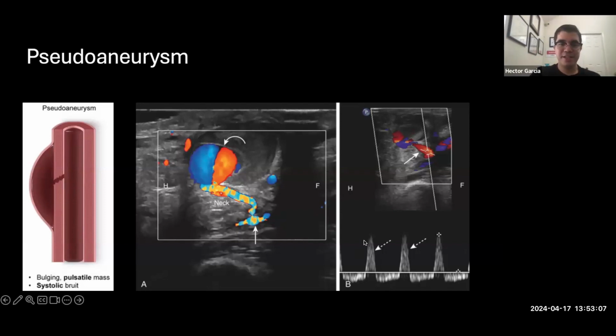And again, the presentation for this is someone who underwent a cardiac catheterization, and now the physician in the office can palpate along the femoral artery in the thigh, like a bulging pulsatile mass. That is a pseudoaneurysm.